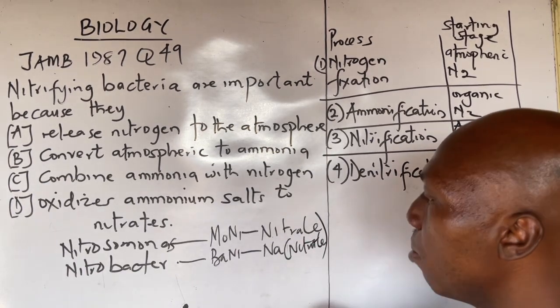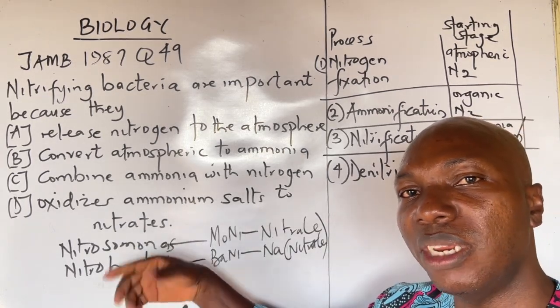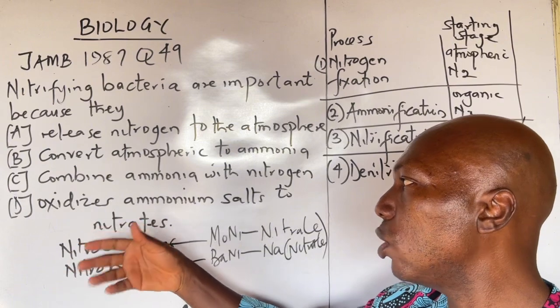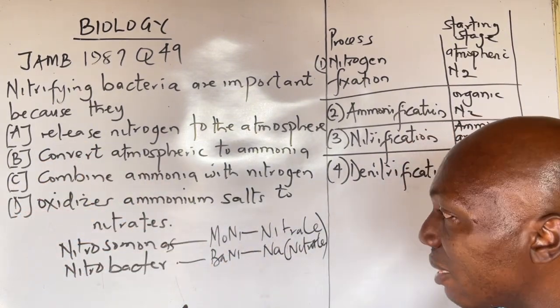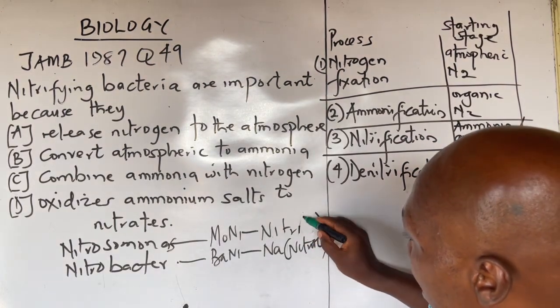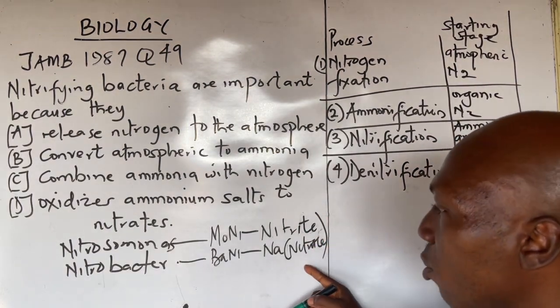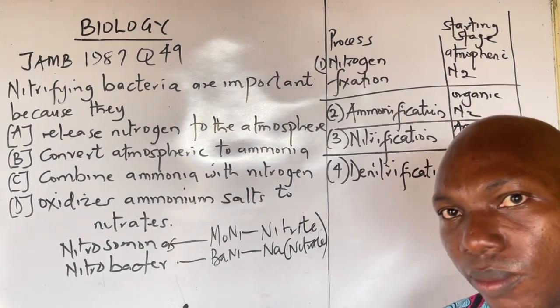So to aid our memory, nitrosomonas involves the oxidation of ammonium salt or ammonia to nitrites, and the last one, nitrobacter, to nitrates.